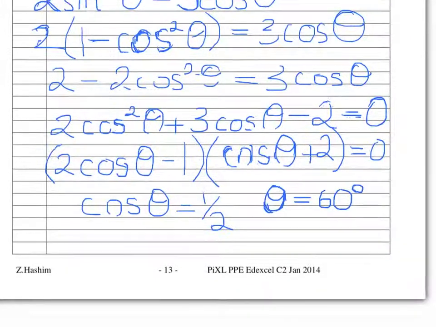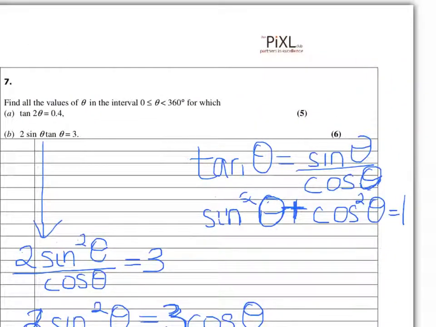The question asked for all the values of theta in the interval between 0 and 360 degrees. So I've got to check that I get all the values of theta.